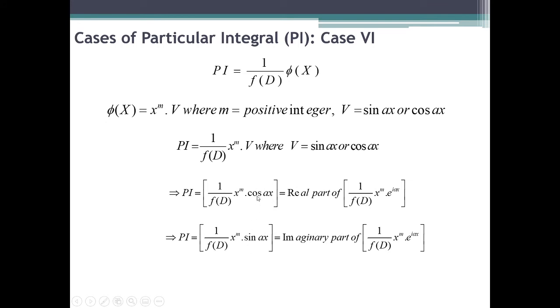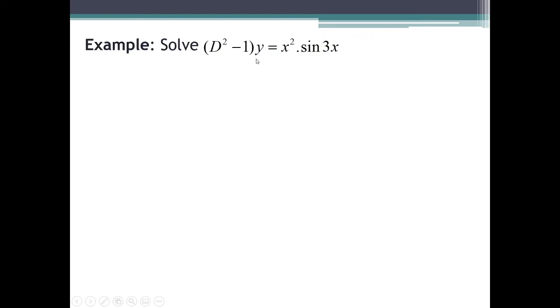And if instead of cos ax there is sin ax, then we consider the imaginary part of the same function. In both formulae, 1 upon function of D, x to the power m e to the power ix is the same value. Therefore we consider this value and apply the fourth case for finding the required result.